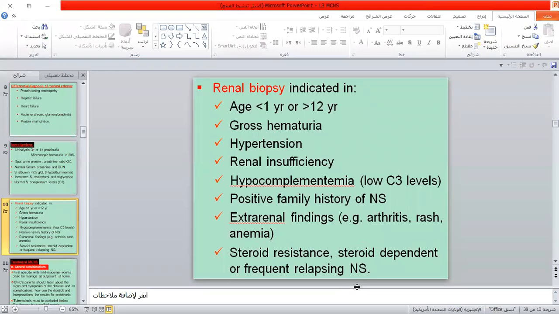Also if the patient has steroid resistance, steroid dependent or frequent relapsing nephrotic syndrome, and we will know now what each one is: steroid resistant, steroid dependent, and frequent relapsing nephrotic syndrome. So these are the indications of the renal biopsy in patients with nephrotic syndrome. And this is very, very important to know.